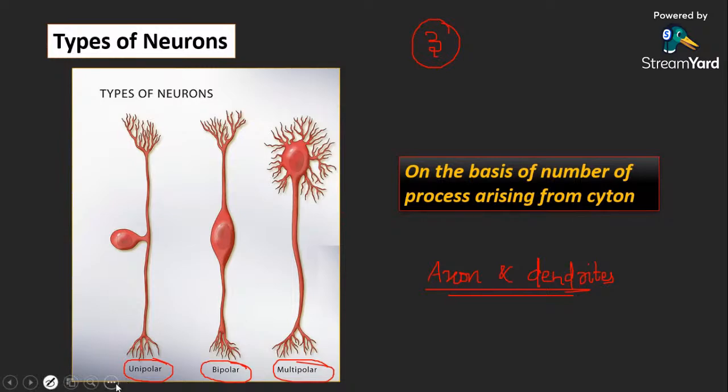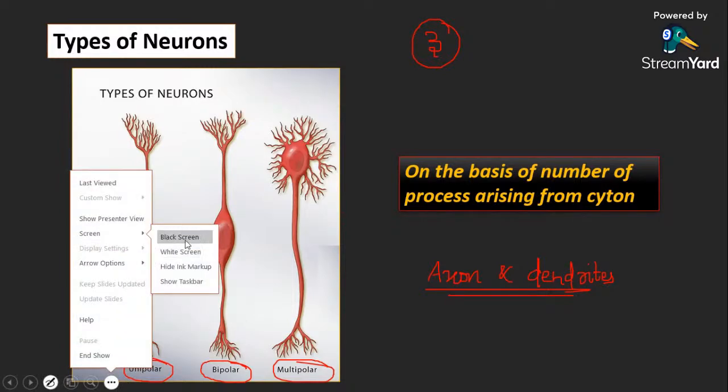Let me take out a blank slide in order to explain this for you. There are three types of neurons. First of all, let me write out the names. Number one, you will have to learn about the unipolar neuron. Number two, the bipolar neuron.